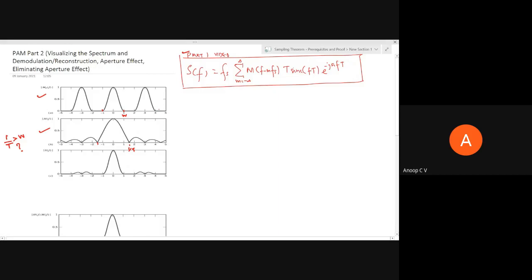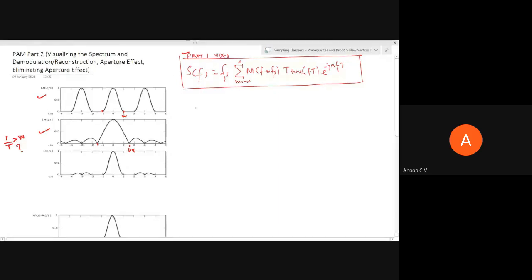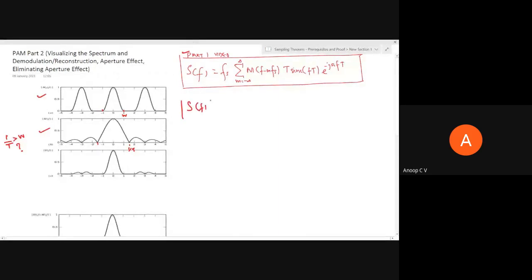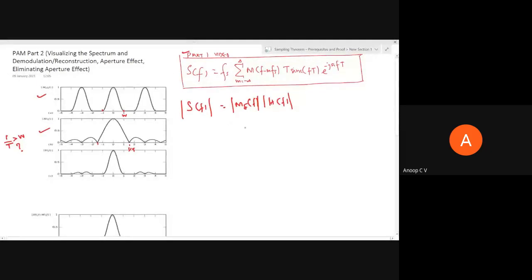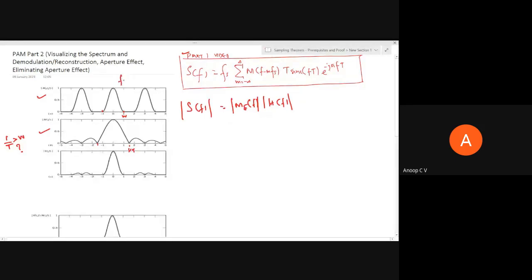Now mode of s of f is nothing but mode of m delta of f multiplied with mode of h of f. That's what is done here. These two signals are multiplied, so you can see there are gaps, nulls. Here one assumption is that fs is much greater compared to 2w.